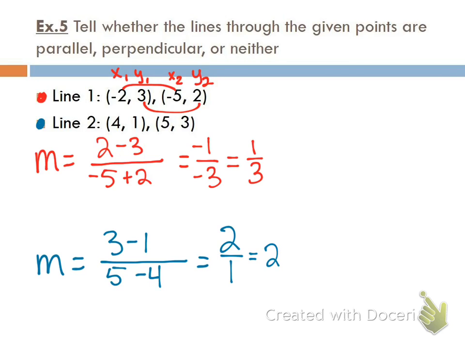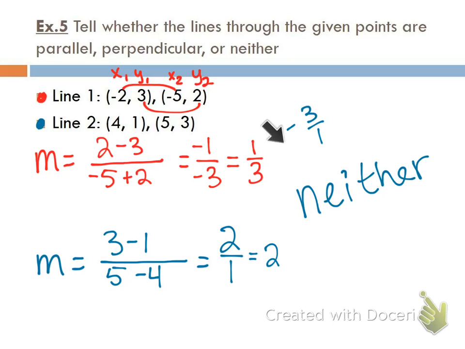So then comes the question: parallel, perpendicular, or neither? Neither. Okay, I think I heard 2 or 3 voices that time. How do you know when it's perpendicular? If they're perpendicular, they are going to have opposite reciprocal slopes. So what is the opposite reciprocal of 1/3? -3 over 1.